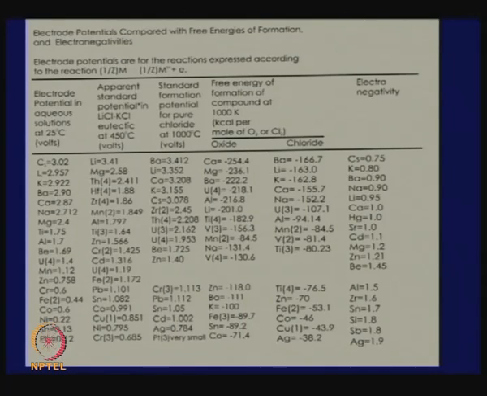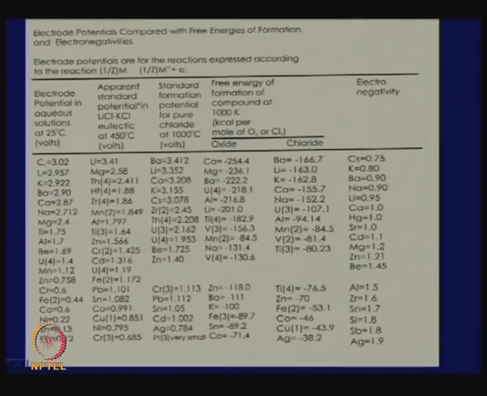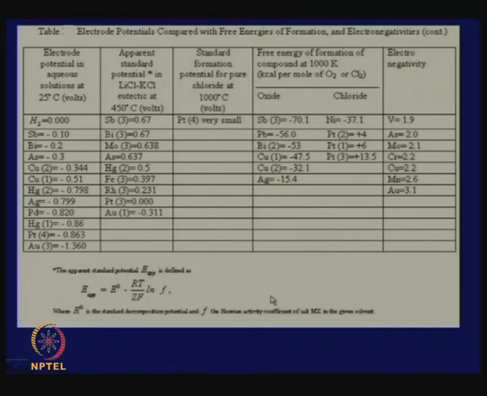Electrode potentials are the potential that is created between metal and metal ions in an aqueous media, and it is quoted with reference to the electrode potential of hydrogen ions. Now, the hydrogen electrode potential at 25 degrees is defined as 0.